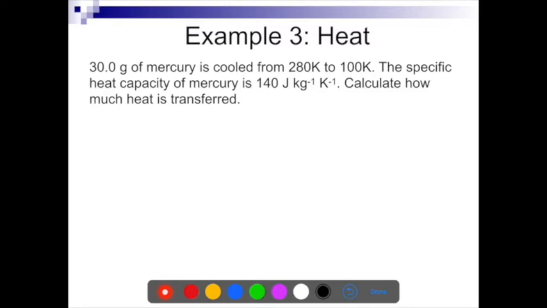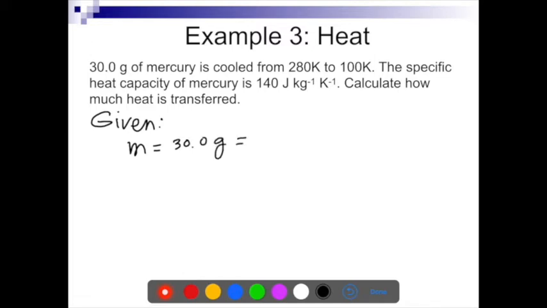So again, as with any worded problem, it's useful to write down what's given in the problem. So we are given the mass of mercury, the substance whose temperature changes, and that's 30 grams.